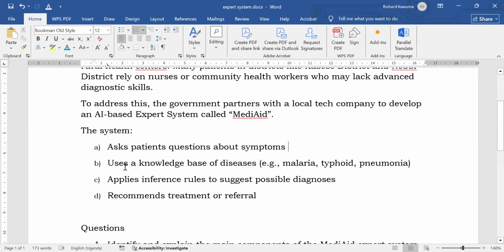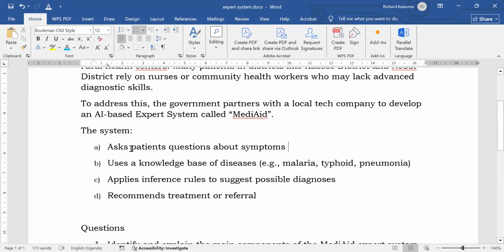One, it should ask patients questions about symptoms, like when you go to a hospital, the doctor is going to ask you, yes, you are feeling headache. Which side? How long has it taken? Do you feel also some coldness? Are you sneezing? So symptoms.